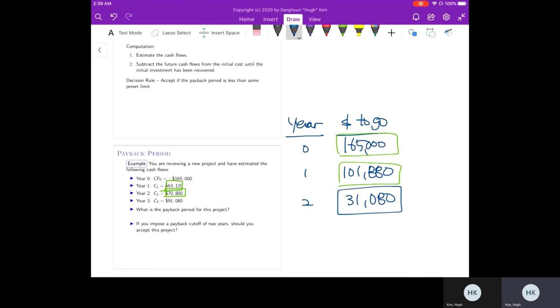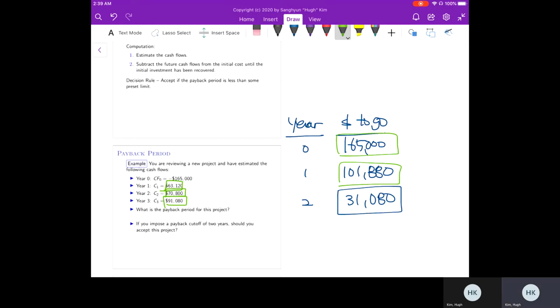So if you compare this to the third year cash flow, you see that the third year cash flow is much more than what has been left to recover. So it's not going to take an entire year. It will take only a fraction of a year. When we compute the payback period, we're going to assume that cash flows are generated evenly throughout the year.